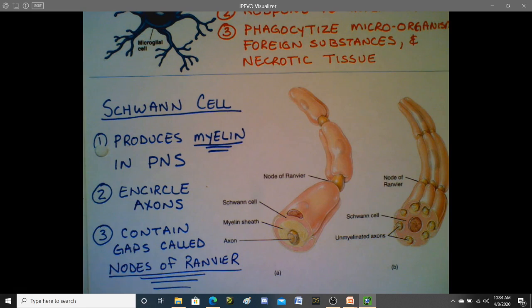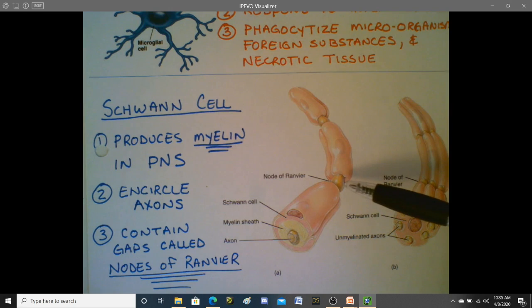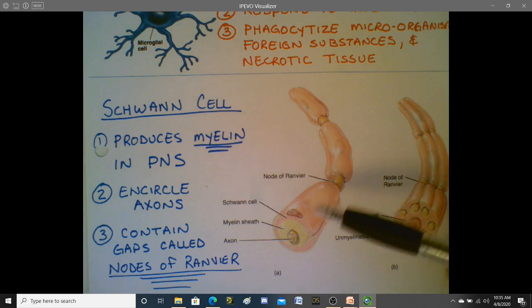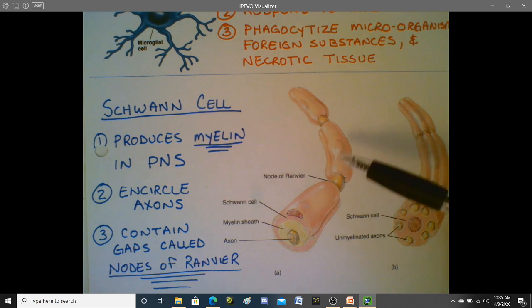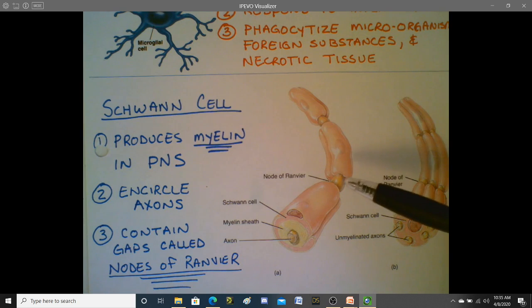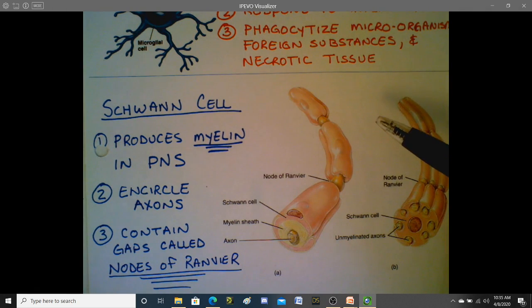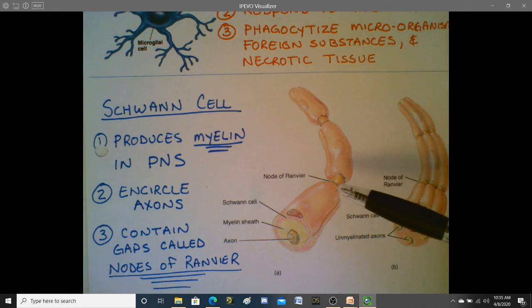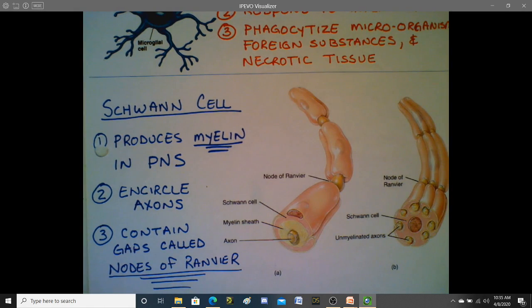And what that does is it allows diffusion of substances, ions and such, into the axon. So there's a reason why we have this gap and we have this really long hot dog with just regular size hot dog bun myelin sheaths. And these nodes of Ranvier are going to allow diffusion of ions and substances into that axon.